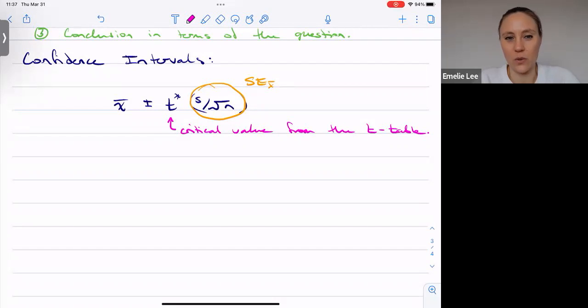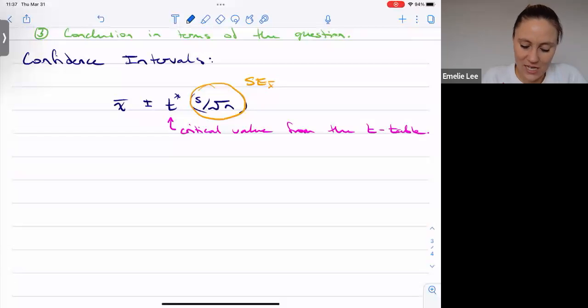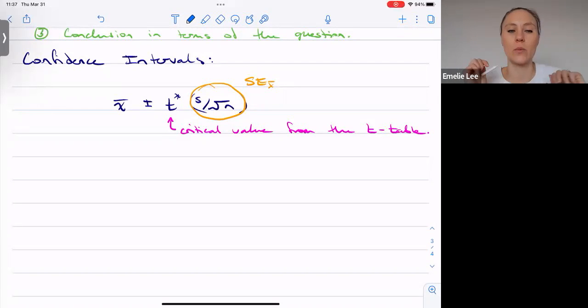We talked about how to do that. To find your critical value, it's the same as finding your z star, but now you just stop at whatever line of degrees of freedom you have.